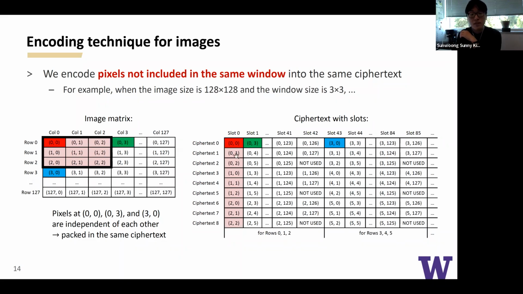So they can be in the same ciphertext, okay? So if we apply this technique to all pixels in the 128 by 128 image, then we need just 9 ciphertext, which reduces the number of ciphertext of the straightforward method by more than 99%.